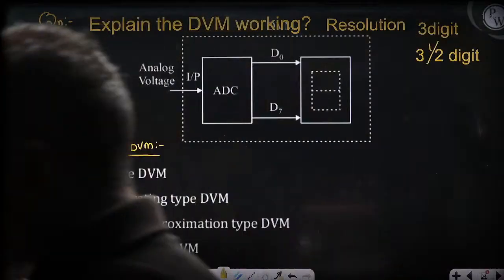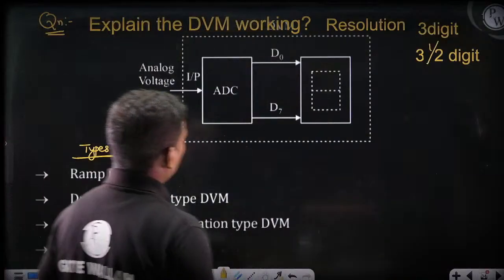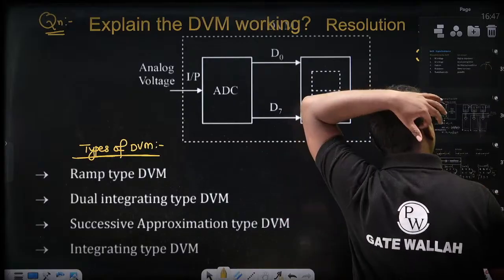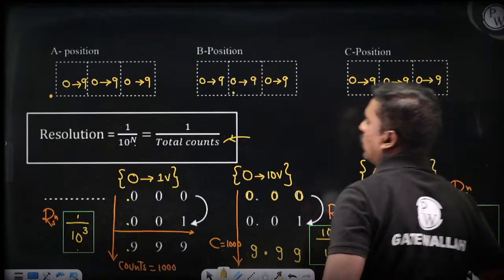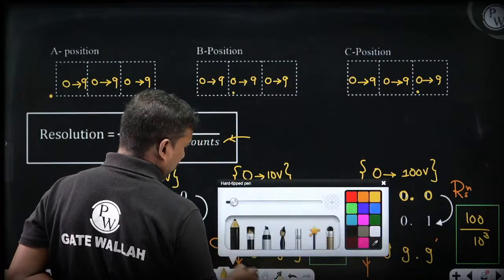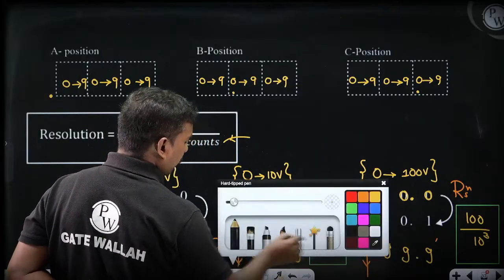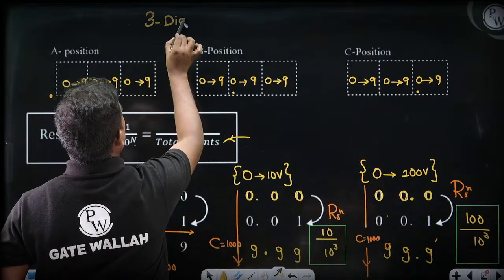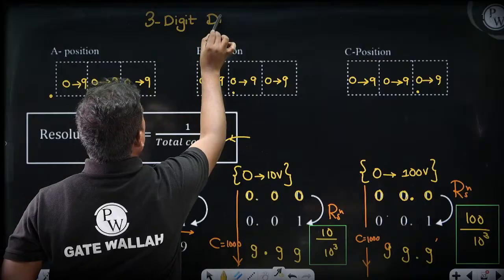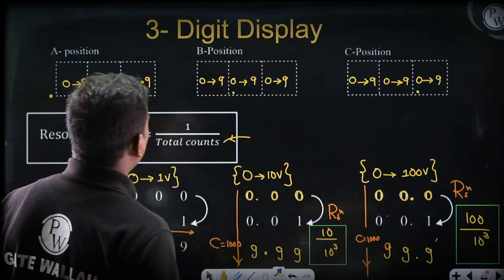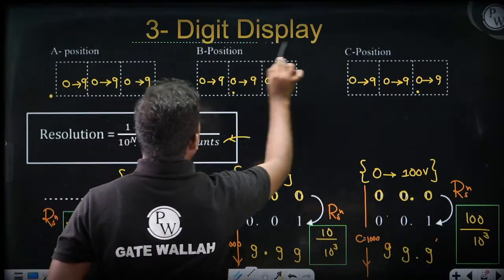Now if you see the 3-digit DVM, this is a 3-digit DVM, my dear. So this is the 3-digit display. What is a 3-digit display?